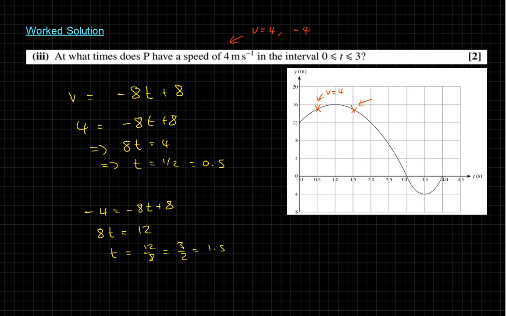Looks about right, doesn't it? Minus 4 in this case, so speed of 4. That looks about right because it's effectively saying the gradient here is 4 and the gradient here is minus 4. Both of those correspond to a speed of 4. Okay, so those are your 2 times there. In fact, that was the hint, wasn't it? It says times, not time.